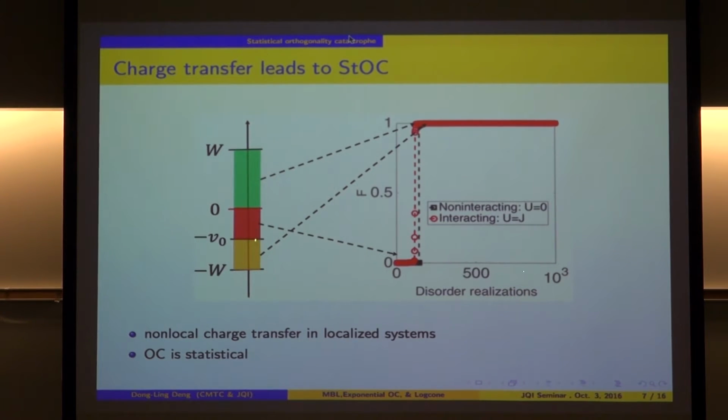The only case where there will be an orthogonality catastrophe is in this region. When we add the perturbation, the onsite potential on site 0 becomes larger than 0, so there is a charge transfer, and correspondingly there is an orthogonality catastrophe. So the orthogonality catastrophe in these localized systems is also statistical.